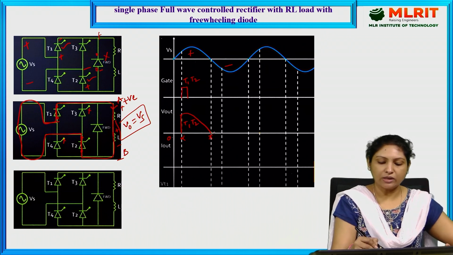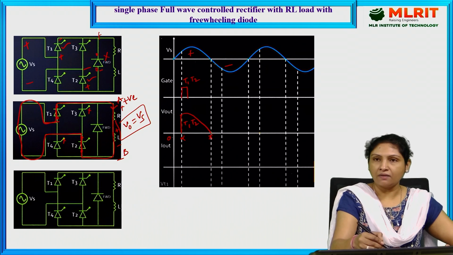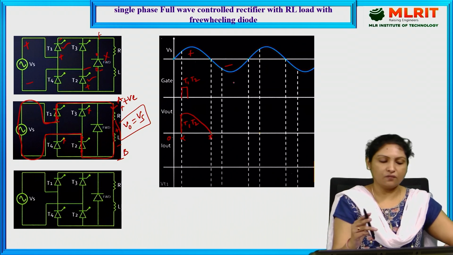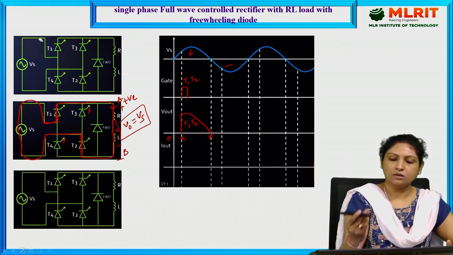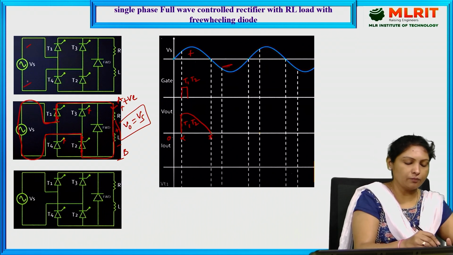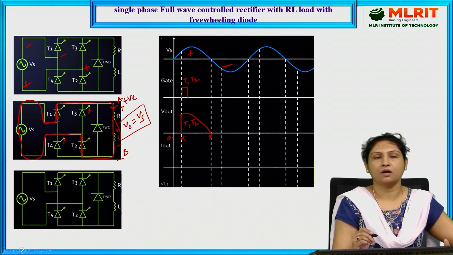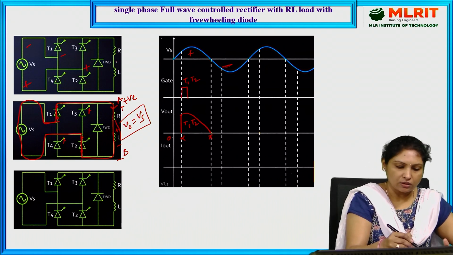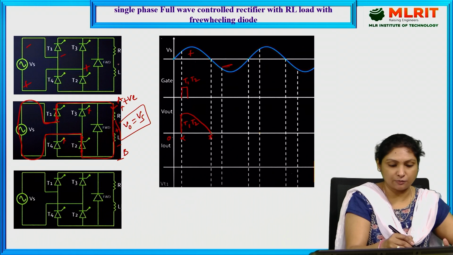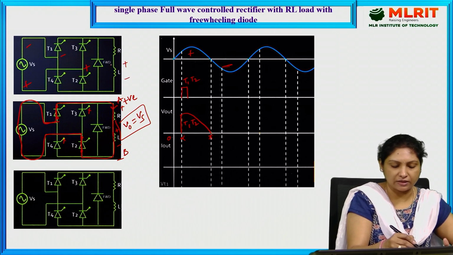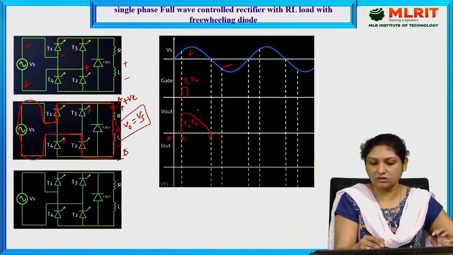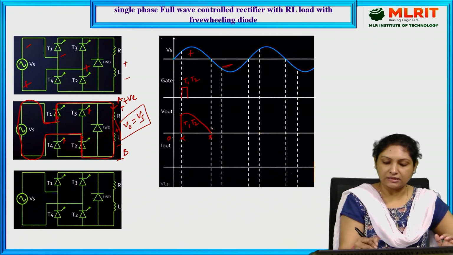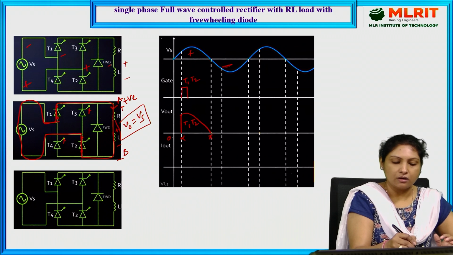The moment it reaches pi, the negative half cycle appears, and because of that the supply polarities will be negative, positive. The inductor was charging previously with polarities positive, negative, and by the time the inductor is completely charged from alpha to pi, at this instant pi, the inductor reverses its polarities as negative, positive.